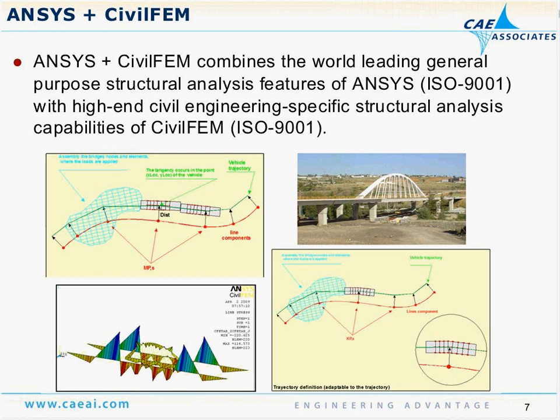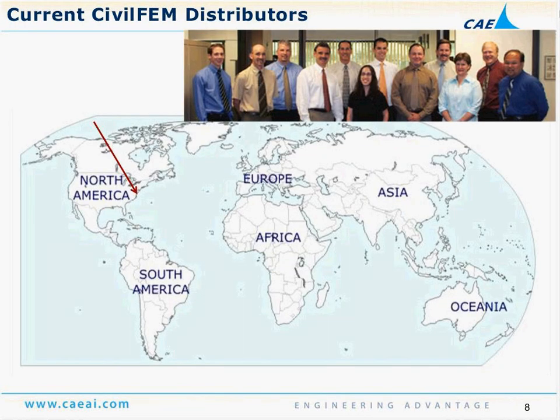So what we get with ANSYS and CivilFEM is a combination of the ANSYS capabilities for solving very large models, for very fast and efficient computational capabilities, for the full breadth of scripting and automation, in combination with the CivilFEM feature functionality. And they've been integrated together in such a way that they fully complement each other.